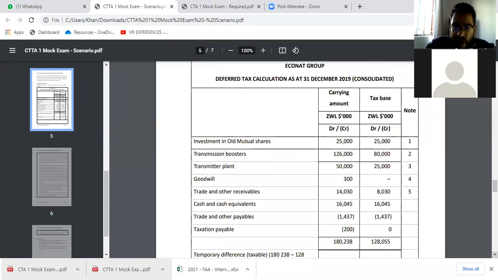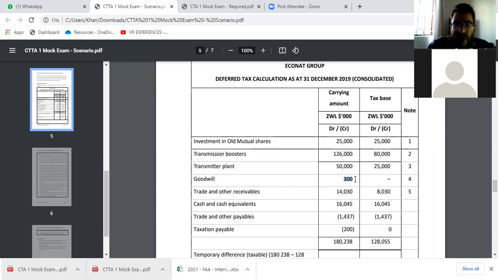What's important to take note of is that we have to look at notes 1, 2, 3, 4, and 5, especially with trade and other receivables. Why is there a difference? Generally, trade and other receivables will be exactly the same. The only thing that will cause a difference is a provision for doubtful debts. Goodwill, there will be a difference because SARS doesn't care about goodwill.